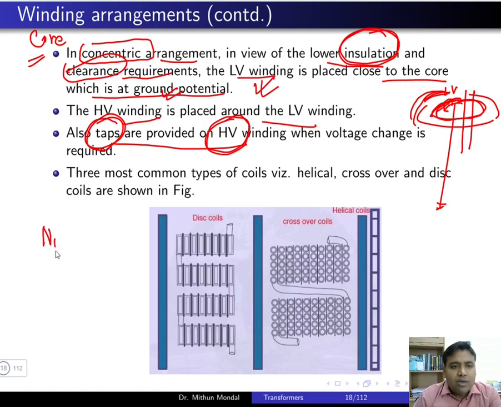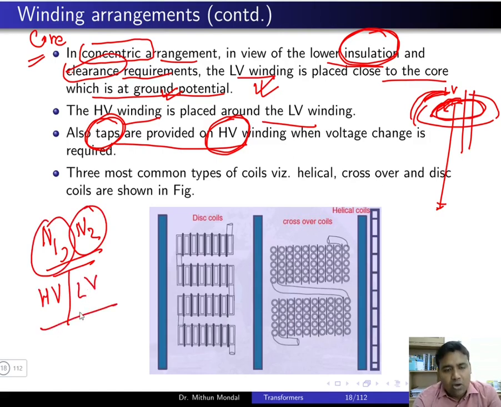If N1 and N2 are the number of turns in the primary winding and secondary winding, then depending upon the number of turns you can decide whether you want to make the winding high voltage or low voltage, that is, either a step up or step down transformer.